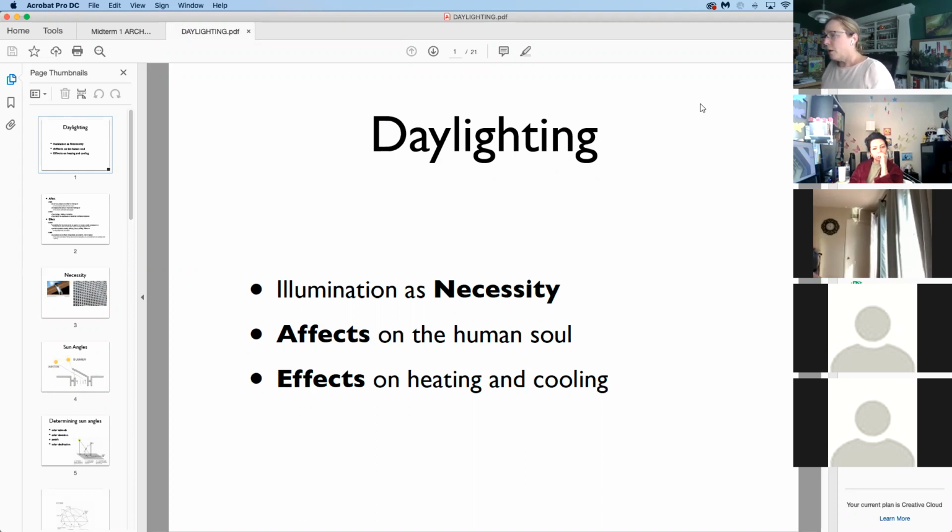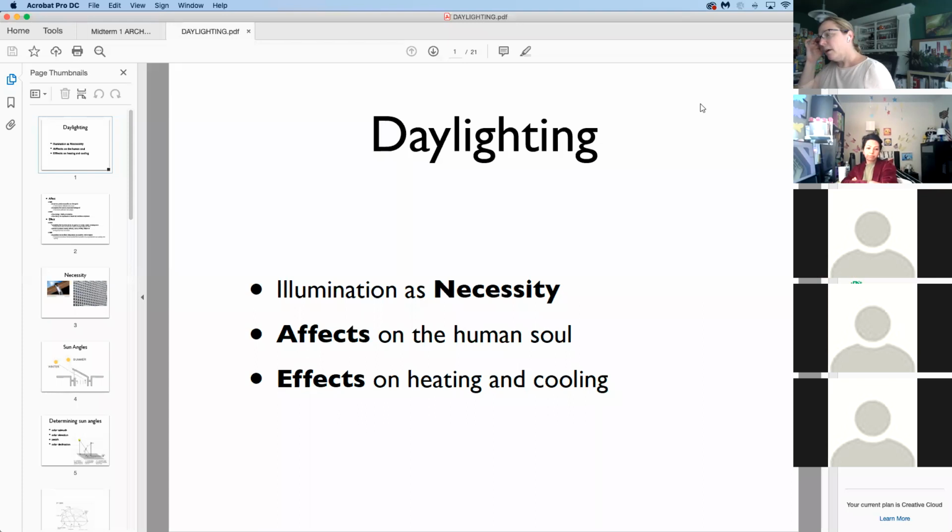So the first part of daylighting is that it is a necessity. And not just because we need it to see, but because it makes us better as people, makes us appreciate spaces better. And in that way, it is required for us to be able to interact with our environment.